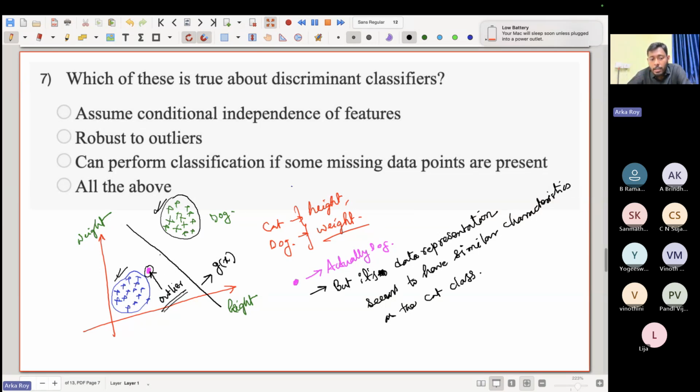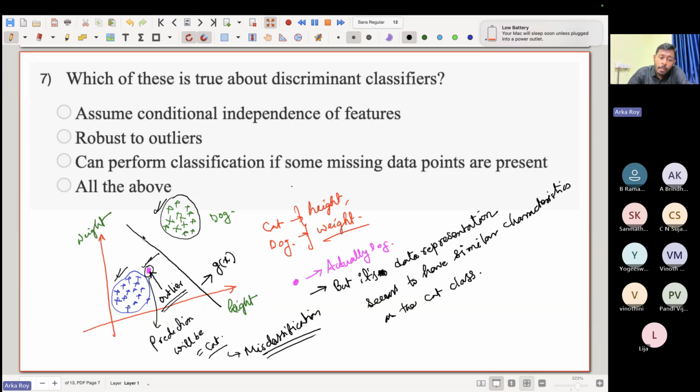you can see that this particular line will classify this magenta point, or this pink point, and the prediction will be cat. So that means you are doing misclassification. If you encounter an outlier, your classification accuracy may significantly drop.